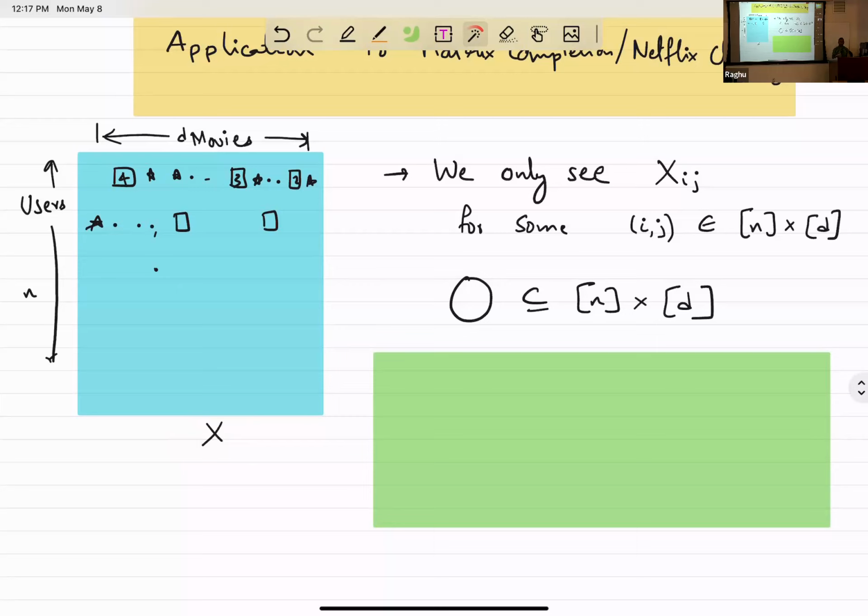But we only see the observed entries. So what would be a good formulation of this statistical question? You have an unknown low rank matrix, and you see a few observed entries from that matrix, you have to finish the others. What else can we do? Any suggestions?